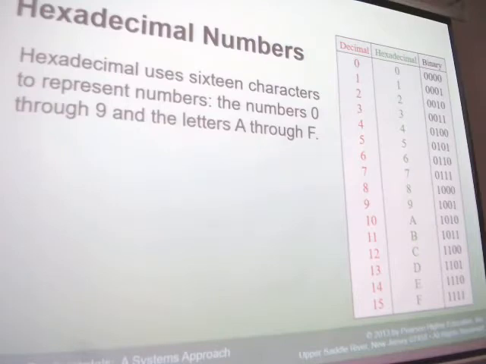This number is a hexadecimal number. And this number is a 4-bit binary number. Do you know?